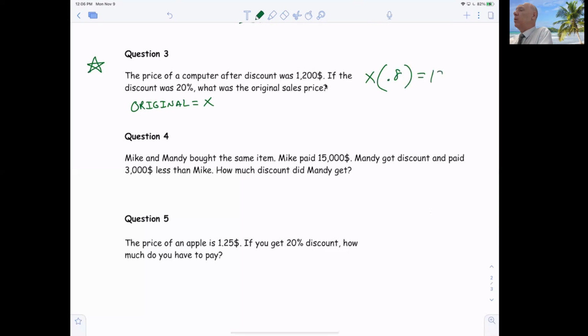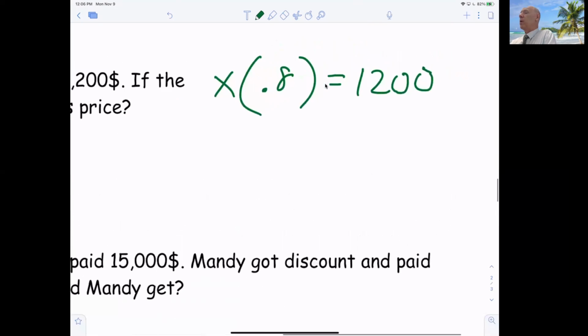Yeah, 1,200. Please look at that. That's really hard. Everybody look up. Does everybody see that? We don't know what the original price is, but we know we only had to pay what? What percentage? 80%. When I paid 80%, the bill came to $1,200.